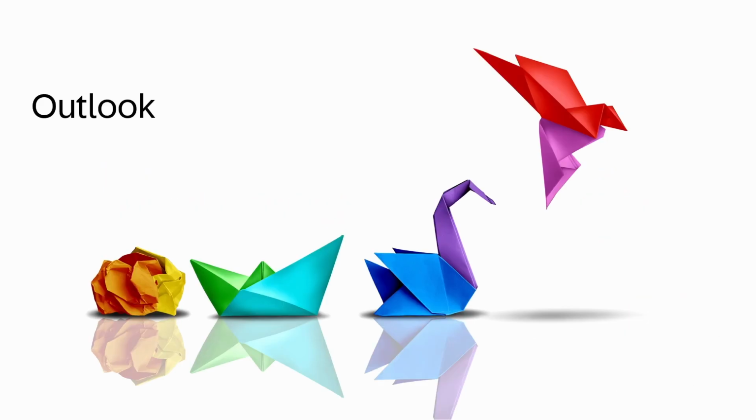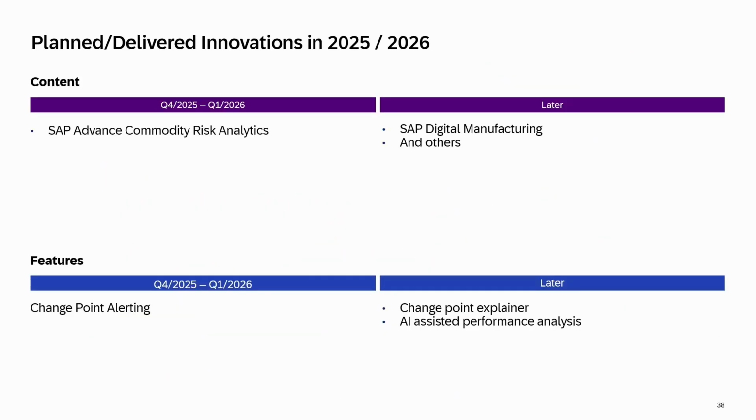Okay, a short outlook regarding what we plan to deliver. We permanently ship new content for different supported cloud LOBs. One is advanced commodity for risk analytics. There are also others probably coming in Q4.